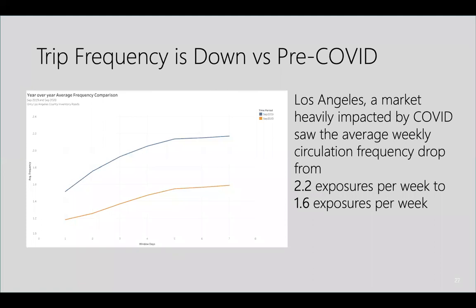So on average, and again, this is just applicable for the Los Angeles example, so this doesn't account for anywhere else, we went from 2.2 exposures per week versus 1.6 in September of 2020. So a decrease in trip volume, and a decrease in trip frequency as well.